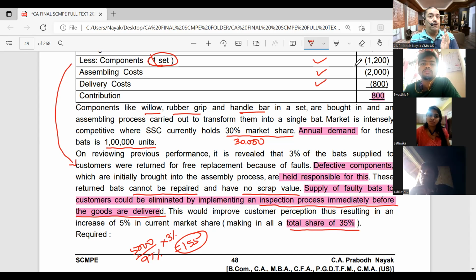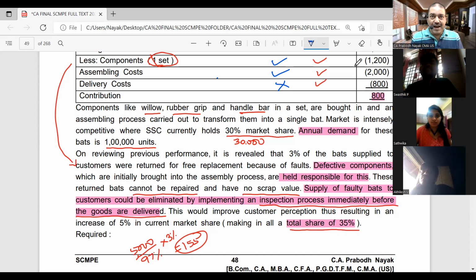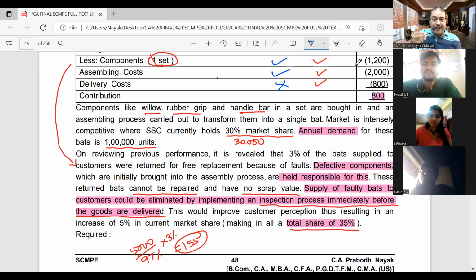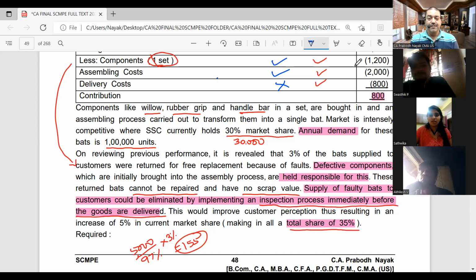Now I'm going to calculate the cost of 155 bags, but I will take into consideration only 1,200 and 2,000. I will not take the delivery cost because I'm not delivering those bags. I'm stopping them before they are delivered. I'm detecting the defectives before they are delivered. Yes or no? Are you understanding what I'm saying?